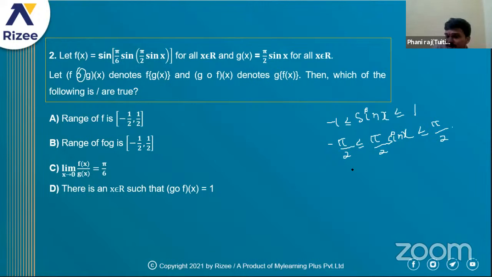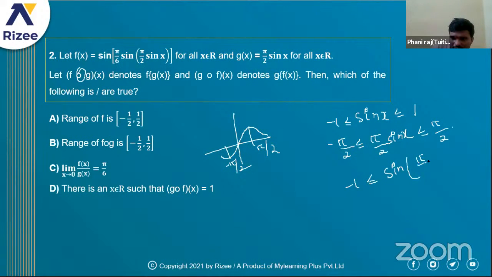Sine is an increasing function from minus pi by 2 to pi by 2, so the order will not change. Minus 1 less than or equal to sine of pi by 2 sine x less than or equal to 1.